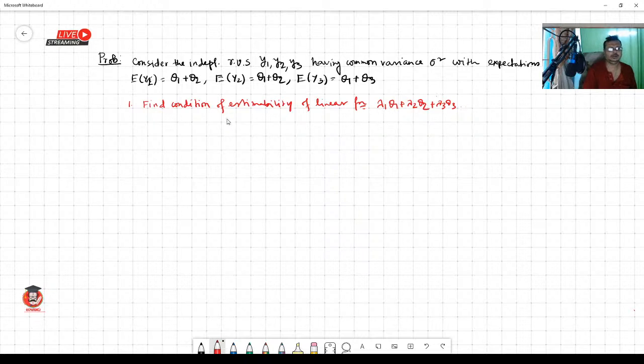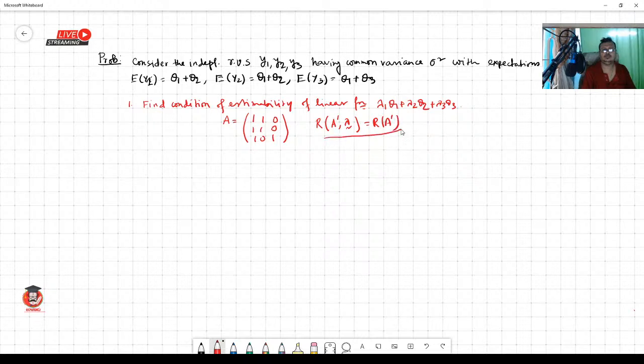First you find matrix A, then find the augmented matrix of A and lambda, and then the rank of A prime.